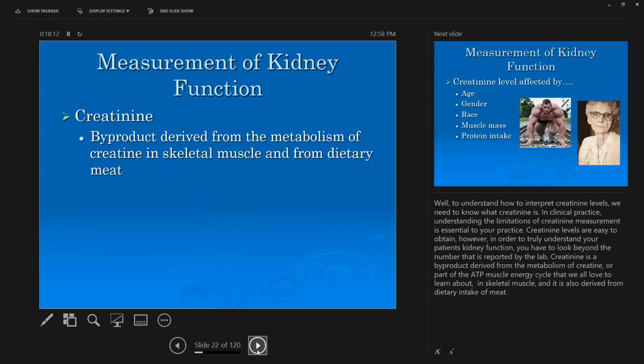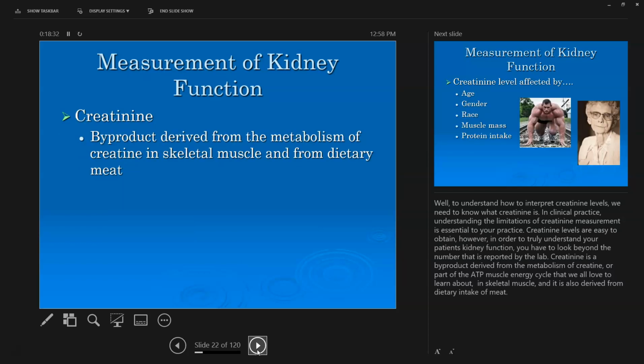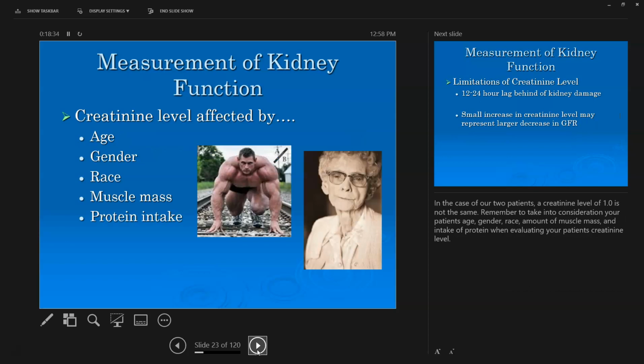All right, so let's get into a little bit of the diagnostics. Remember your creatinine, in my little picture here. Do you think these two patients have the same baseline? Is it the same if they have a creatinine of 1.0? No, right. Creatinine is affected by somebody's age, gender, race, muscle mass, and how much protein they have.